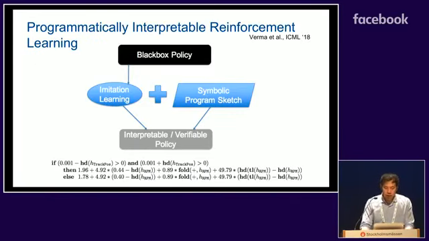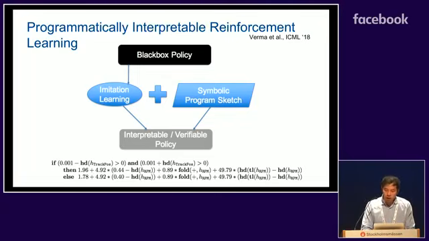Along the theme of regularizing function classes, there is also a recent work presenting at this conference by Verma et al., where the authors propose a method to imitate a black box policy trained by reinforcement learning, and regularize the imitation by a symbolic program.